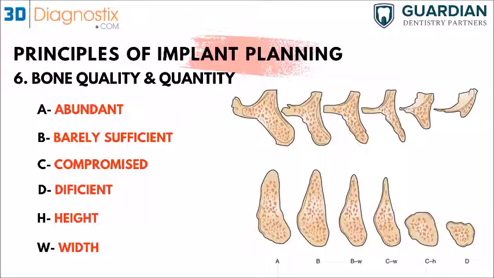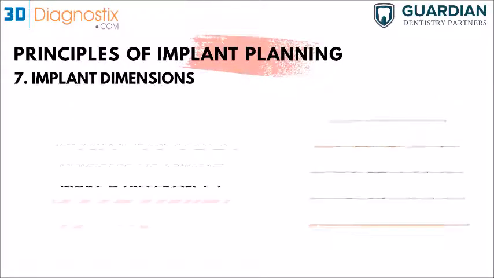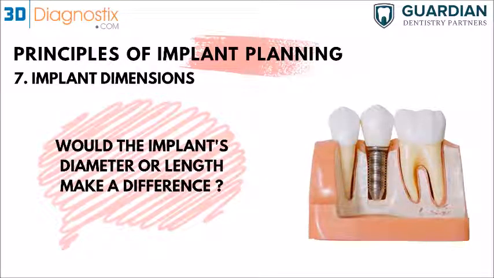Then C, compromised, where the bone is really compromised vertically and also horizontally. And then you've got D, deficient, so it's not going to be a good site or candidate for implant placement because you don't have any bone at all. This is something that you should look for while planning an implant site.